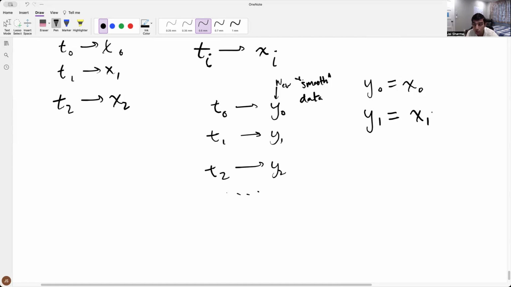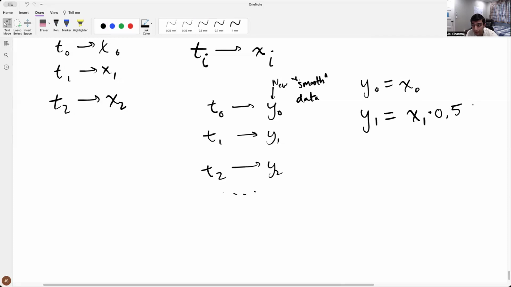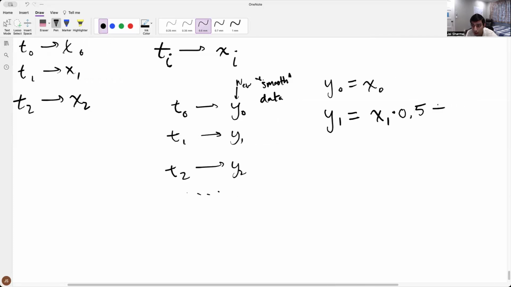So we're going to take half of x1 plus y0 times 0.5. We take the last reading over here and multiply that by 0.5. So essentially we're taking half of the new signal and half of whatever we've been collecting over the old signals.